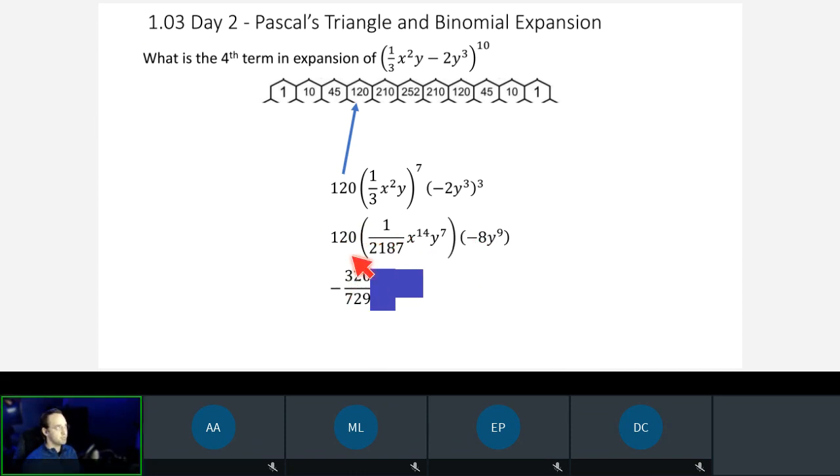Remember, this is all multiplication. So 120 times 1 over 2187 times -8 gives you this nice fraction. And then you have x to the 14th. There's no other x's, so that's just going to be x to the 14th.